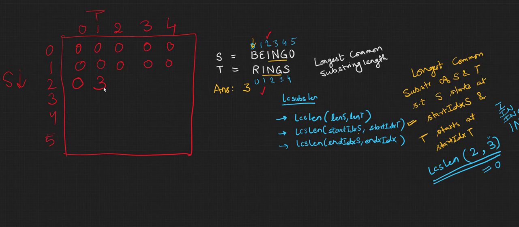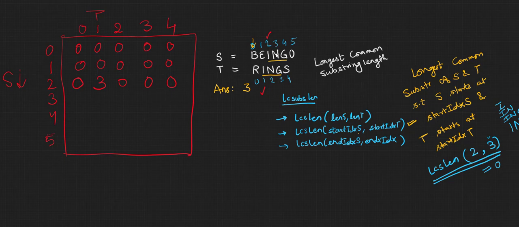Manually we are filling, we are not using our recurrence for now. If S is at 2 and T is at 2, then this is I and N, so 0. If S is at 2 and T is at 3, G, this is also 0.